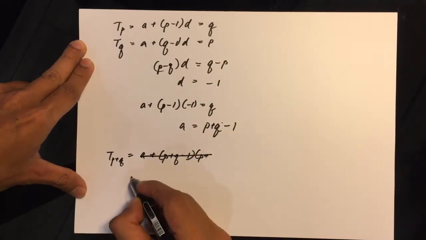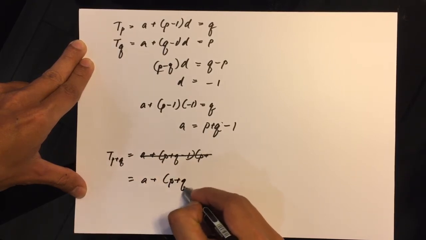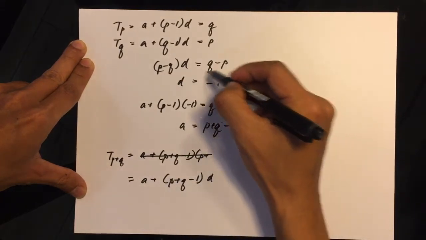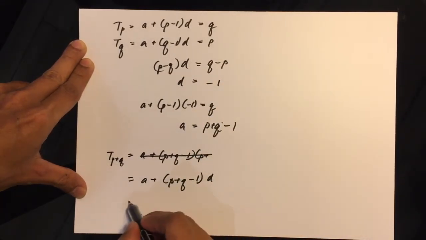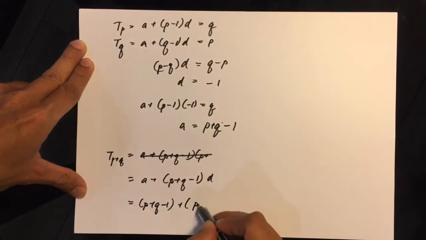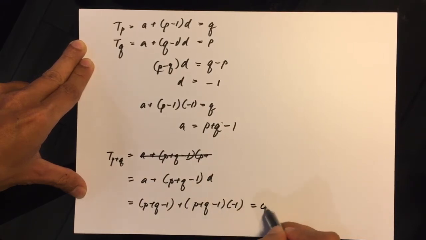Sorry, I messed it up. So that's equal to a plus p plus q minus 1 into d. So substituting your values of a and d in here, that gives you p plus q minus 1 plus p plus q minus 1 into negative 1, and that obviously is equal to 0.